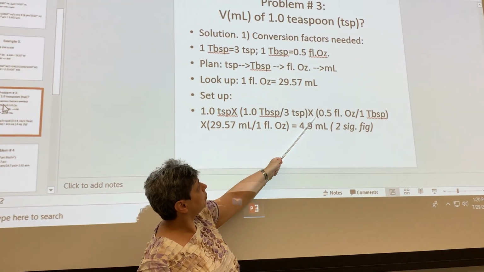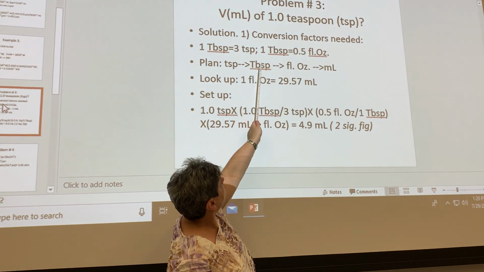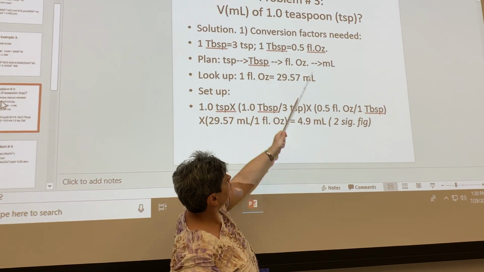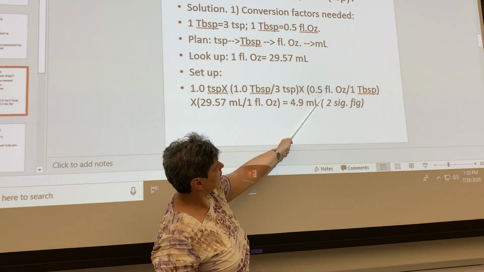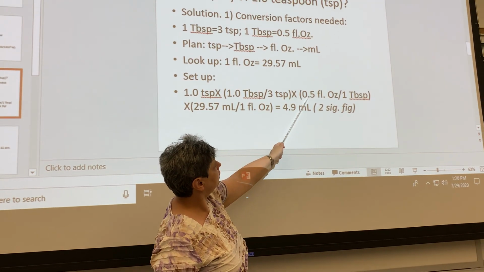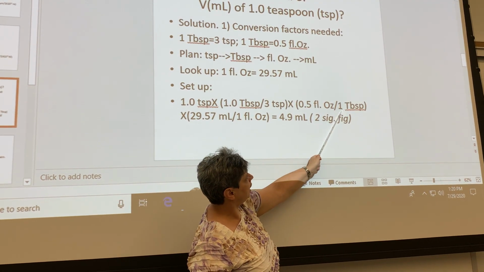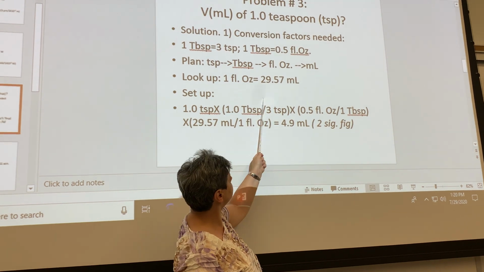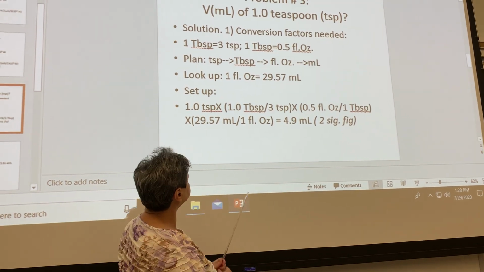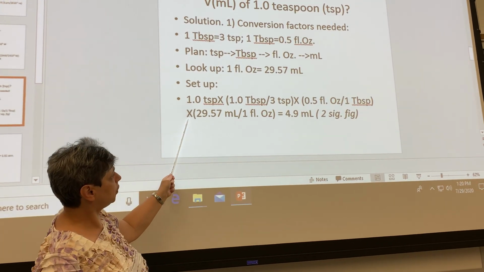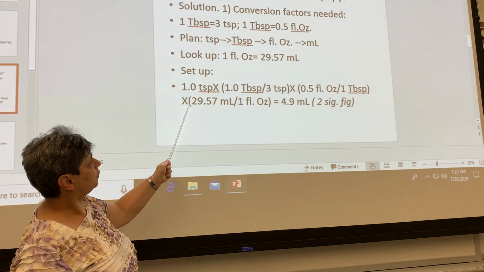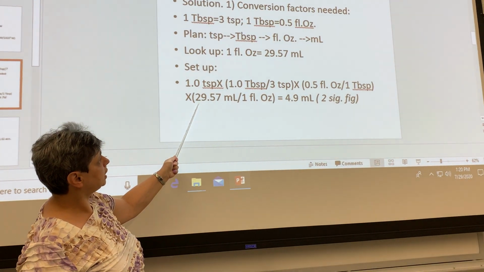And then my next one would be according to my plan from tablespoons to fluid ounces, which is what I'm doing in the next step here. 0.5 fluid ounces divided by 1 tablespoon, so tablespoon can now be canceled. And then my third one here would be conversion from fluid ounces to milliliters.